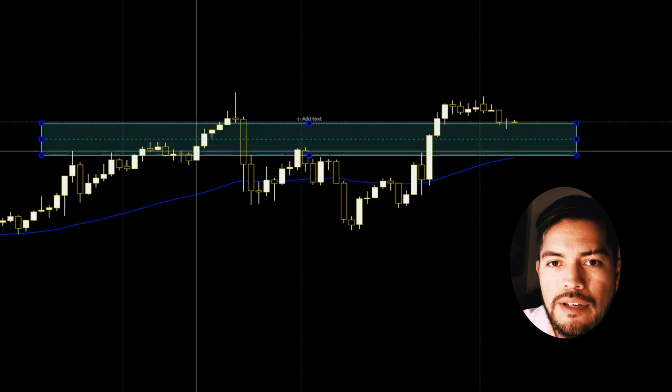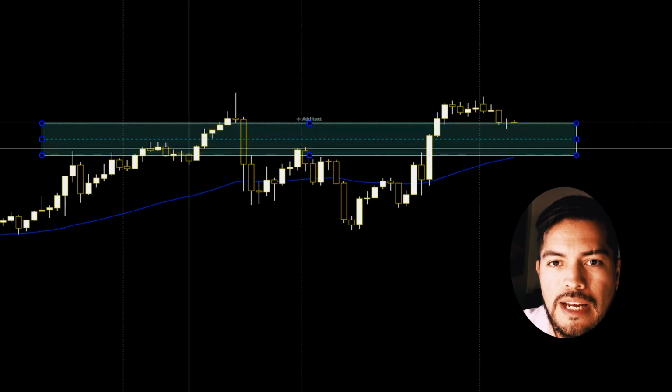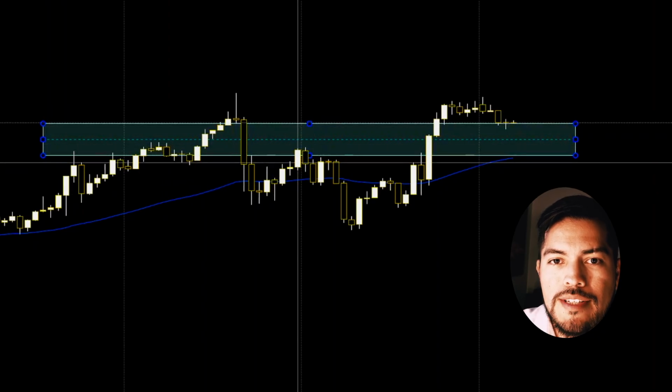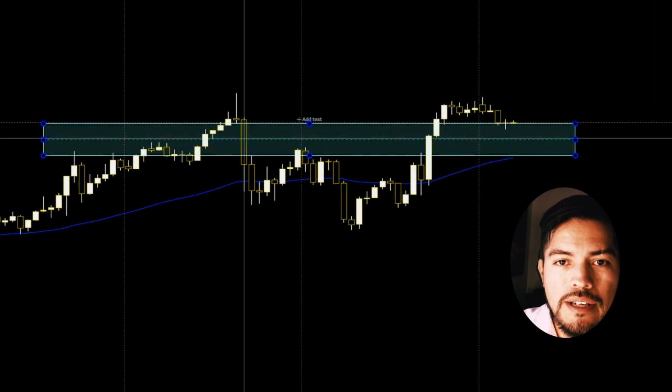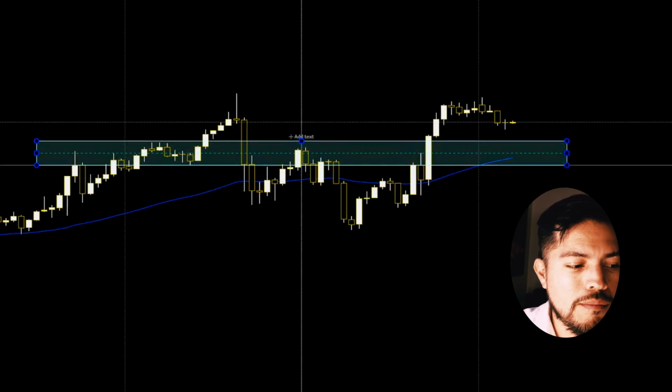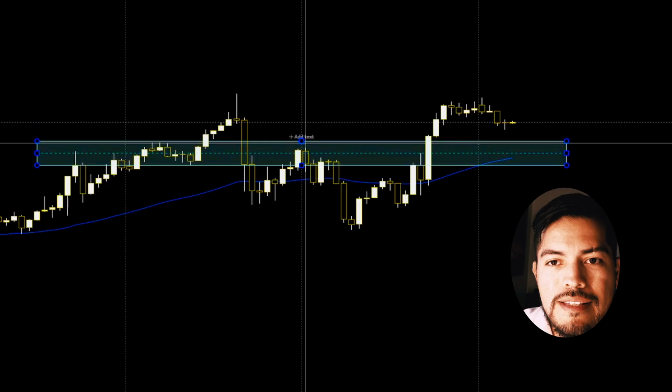This is an area of rejection and approval as it goes up, right? Imbalance went down, came up and rejected this area. Why did it reject this area? Because there is an order block or a high volume node right in this section.